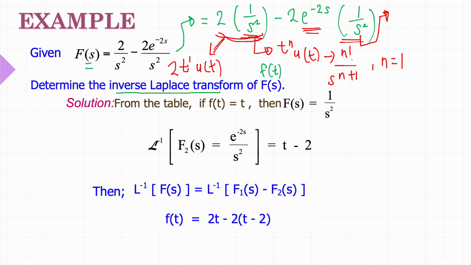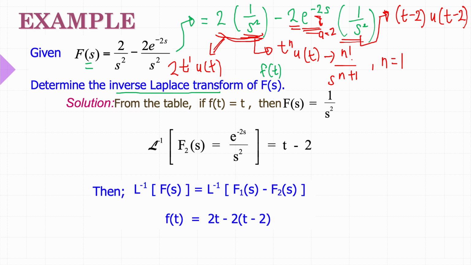How much is the time shifted? What is the value of a? a is equal to 2. So for this equation, it will become (t minus 2) u(t minus 2). So don't forget the 2 in front here.